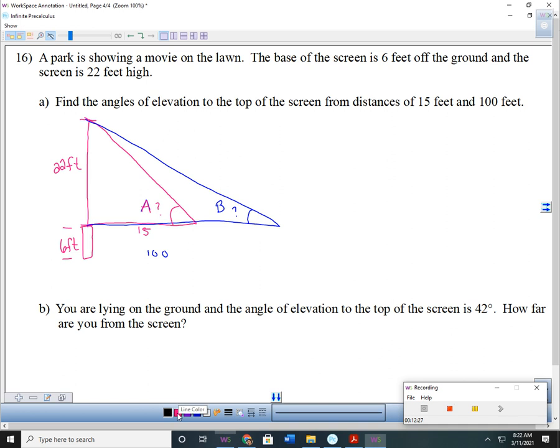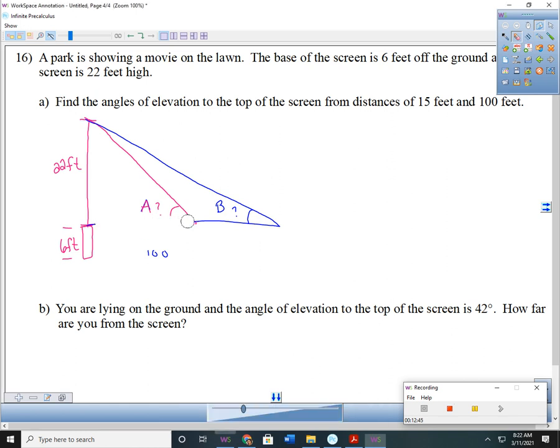Okay, so the very first one we're going to focus on is this pink triangle right here. Ooh, only I drew this wrong. You're not sitting in the air. Sometimes I crack myself up. I'm going to move this. You guys get what I'm saying? You're on the ground, not in the air.